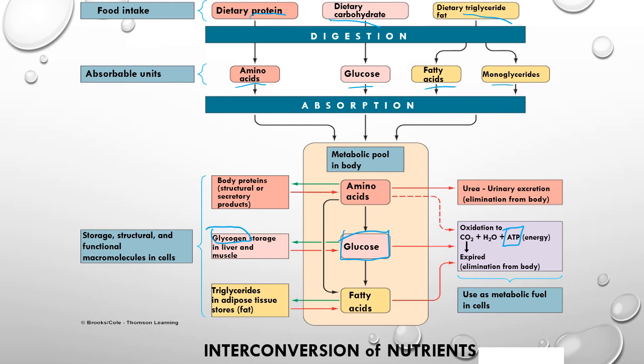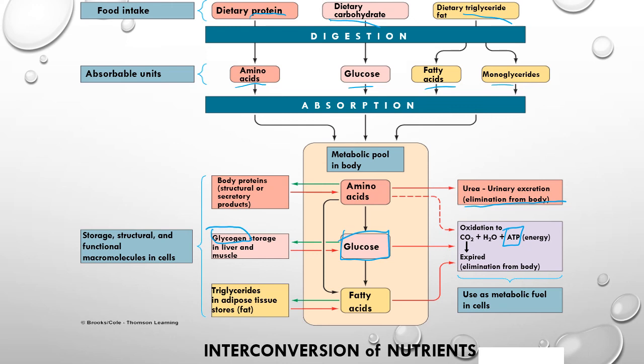So we can make glucose out of it and utilize those amino acids for our energy if needed. But at the same time, if we don't use them all up, we're going to excrete those amino acids. They're going to be eliminated from the body via urine.